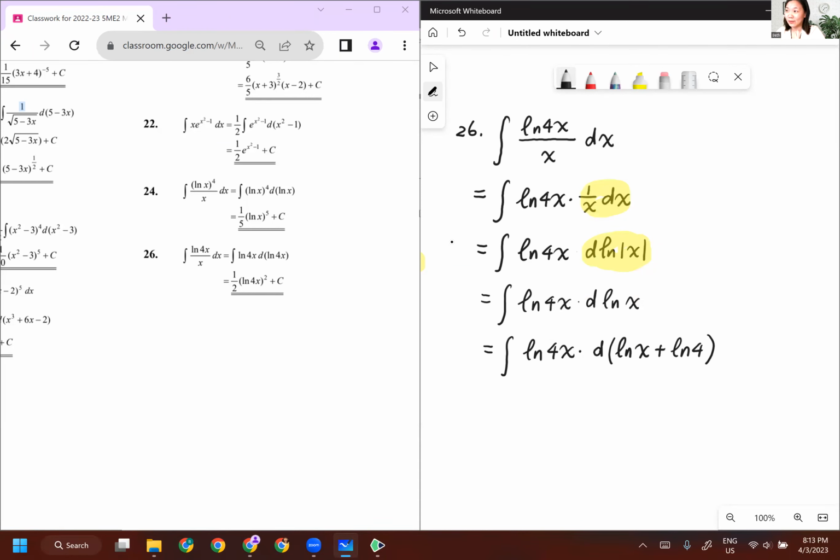And then by the log property, you will have d log 4x. That's why in the end, the given solution is 1/2 log 4x squared plus c.